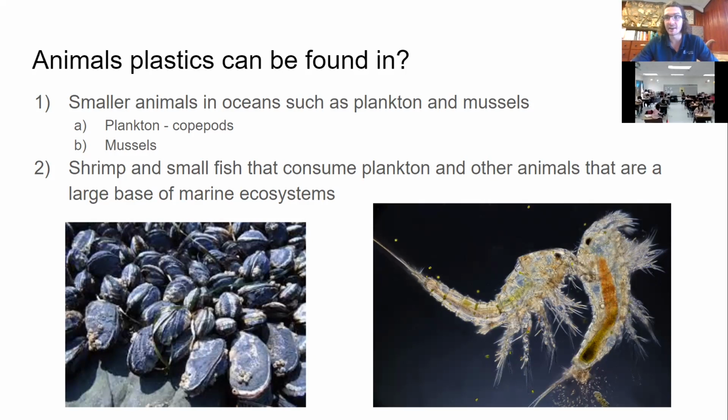And these animals consume these tiny little pieces of plastic because they're so small that they can be consumed by these really small animals. If you think about mussels, they're what we call filter feeders, and they just filter in a lot of water. When they're filtering in water to eat, they're also going to take in these microplastics.